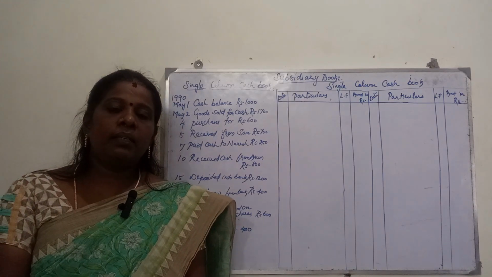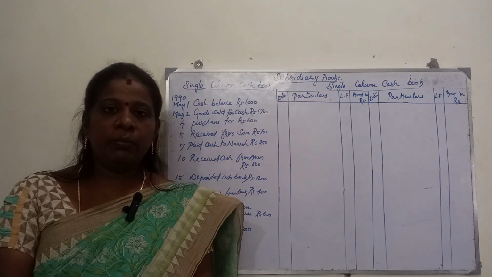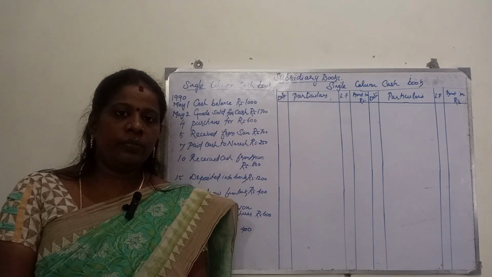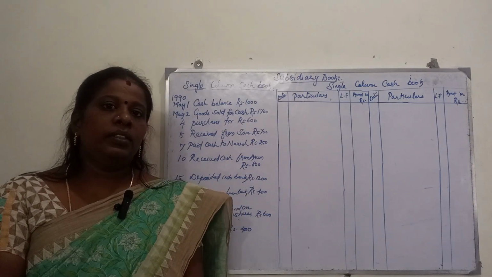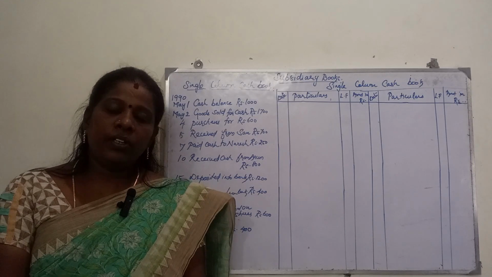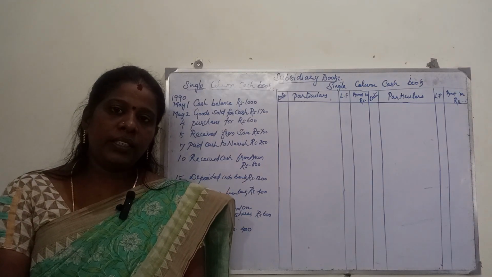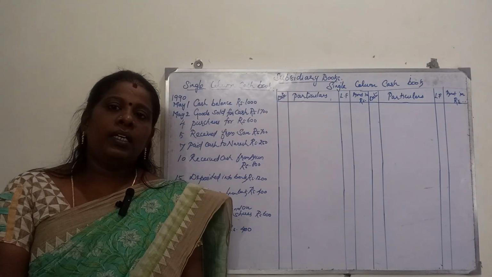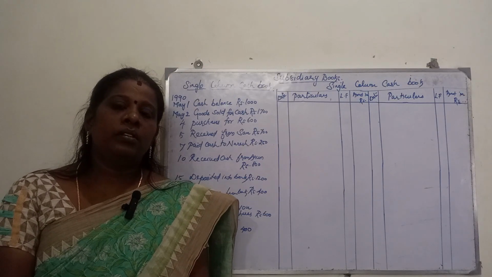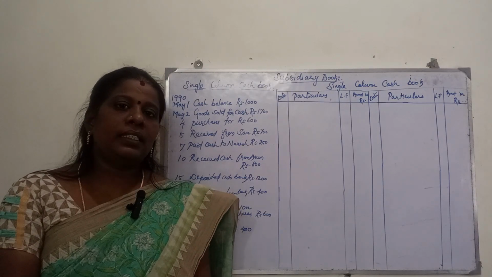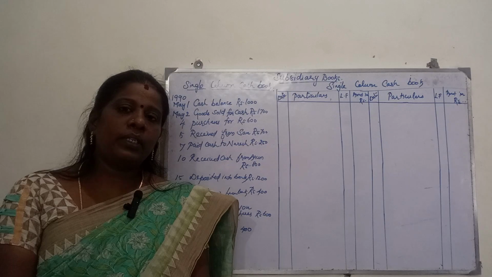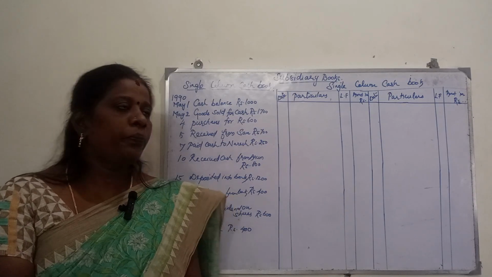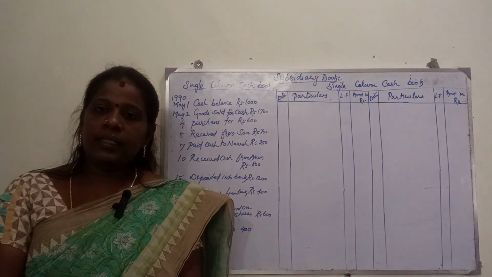In a month, there may be purchases maybe 100 times if it is a big concern. If you are writing journal and ledger, it takes more time and more cost. So, to avoid this time-consuming and cost-consuming work, they are preparing subsidiary books.